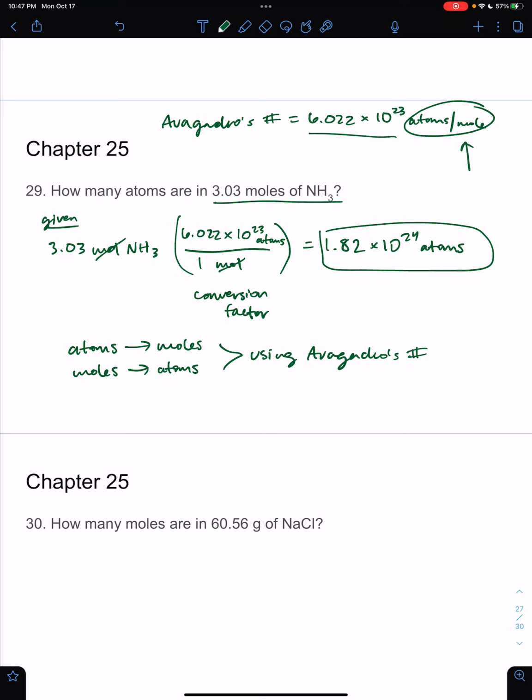6.022 times 10 to the 23rd atoms per mole. Or in some cases it might be molecules per mole. Actually, this one should be molecules because this is a molecule.